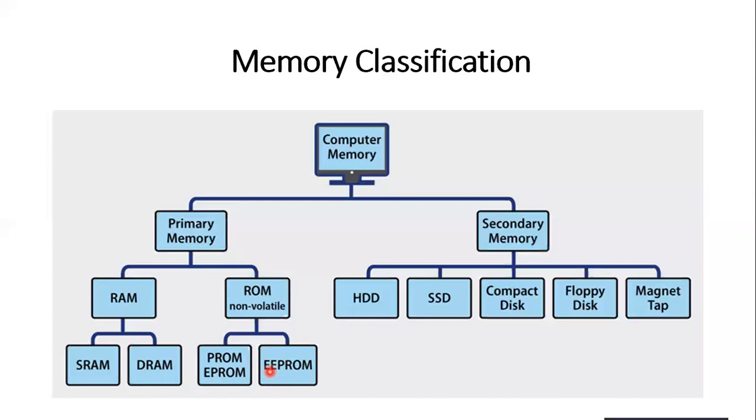This memory is functionally similar to EPROM, except that the information can be altered by using electrical signals at the register level rather than erasing all the information. So we can alter only the particular information. We need not erase the entire chip as in the EPROM.